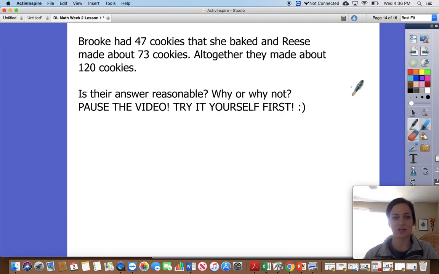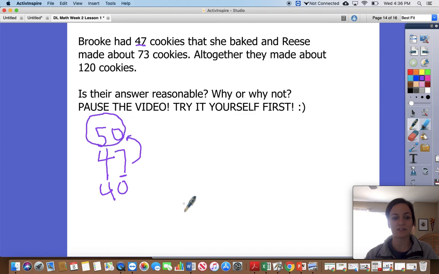All right, so let's look. Brooke had 47 cookies. 47 is between 40 and 50. I'm looking at the 7. 7 is greater than 5, so I'm going to round it up. So Brooke baked about 50 cookies. Then let's look at how many Reese did. Reese did 73. That's between 70 and 80.